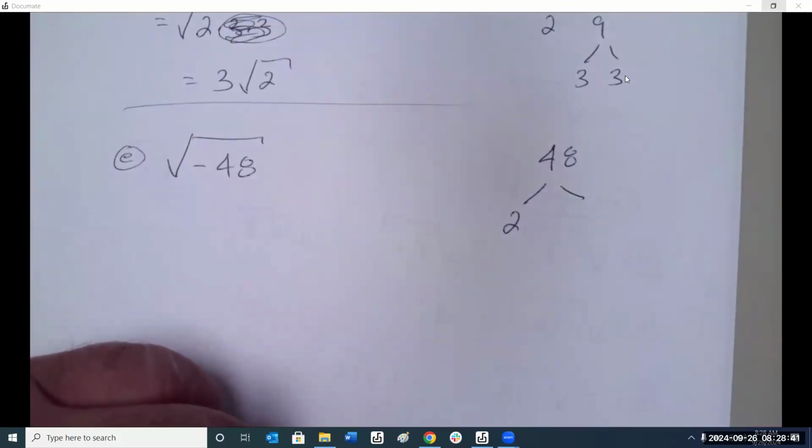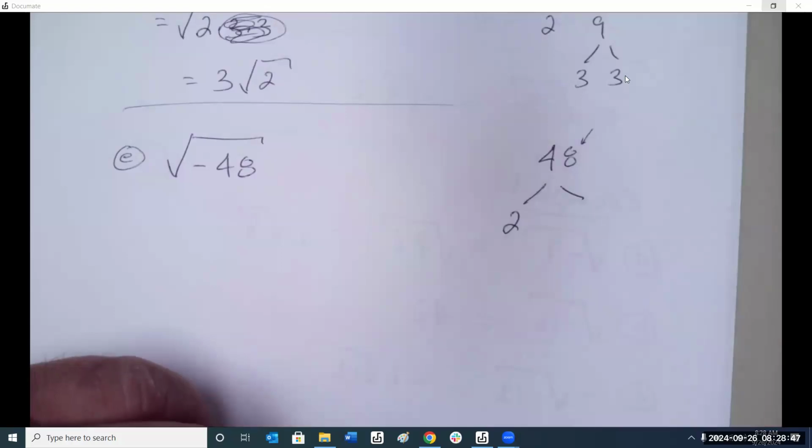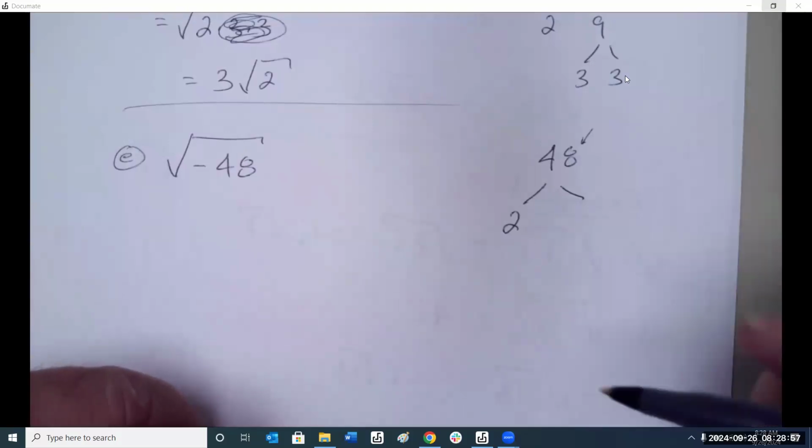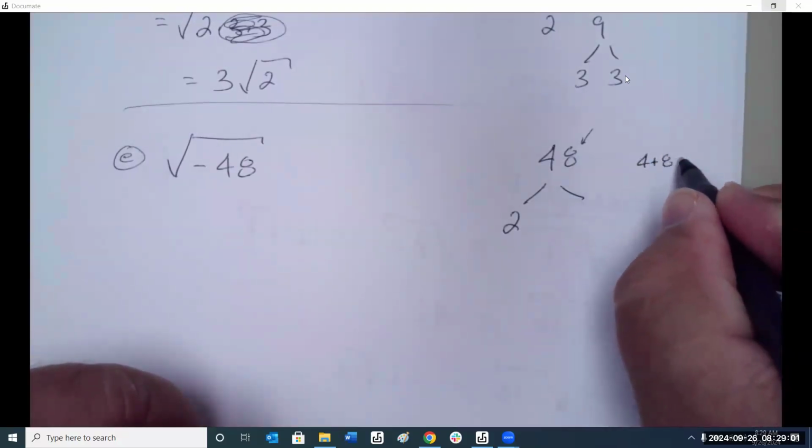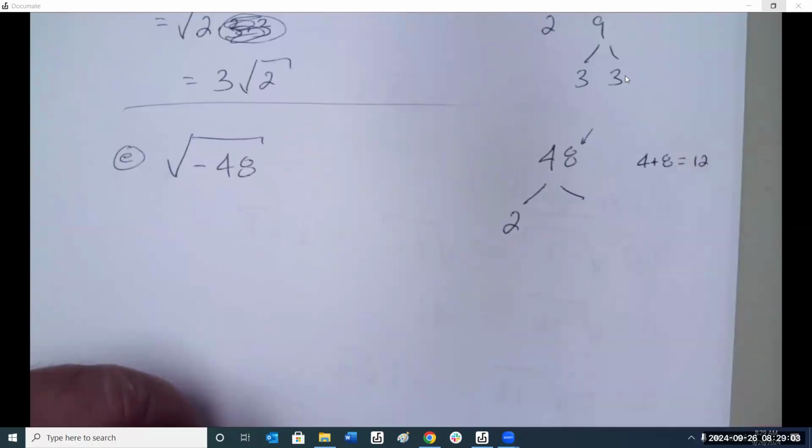How do we know that number is divisible by 2? The last digit is even or 0. How do we know that number is divisible by 3? If you take 48 and add the two digits, it equals 12.